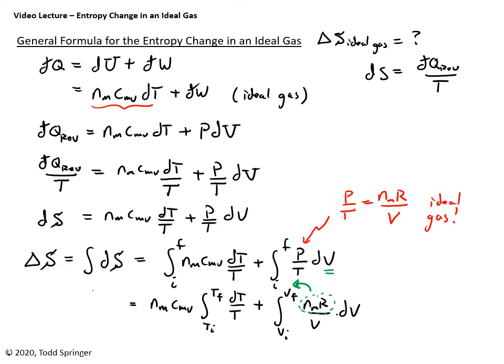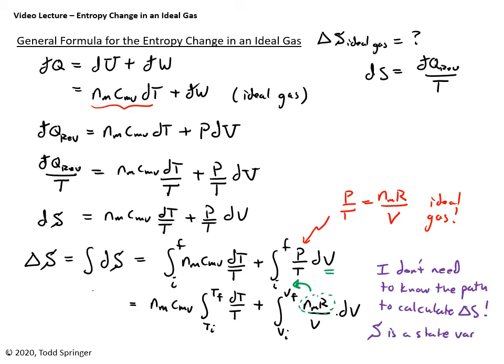So notice, I don't need to know anything about the path to calculate delta S. That should not come as a surprise because S is a state variable and it doesn't depend on how I get from one place to the other. It's path independent.